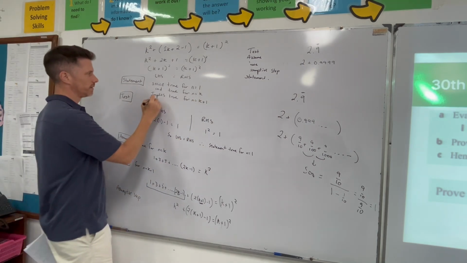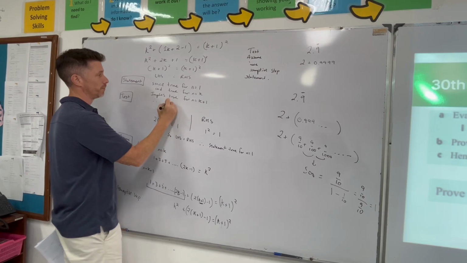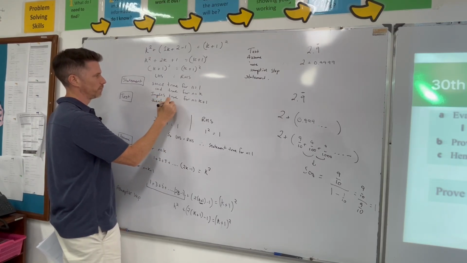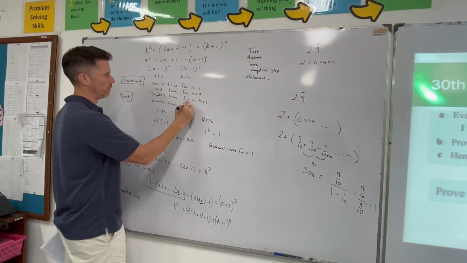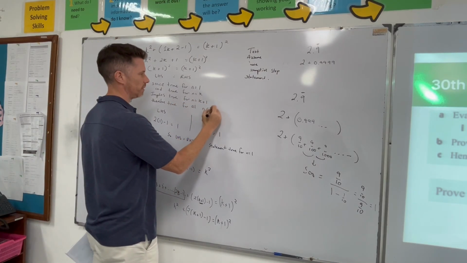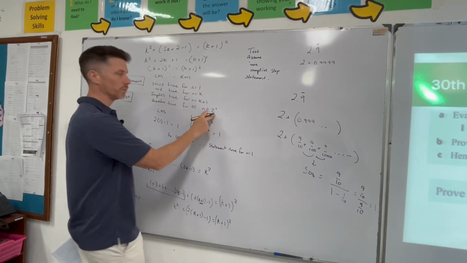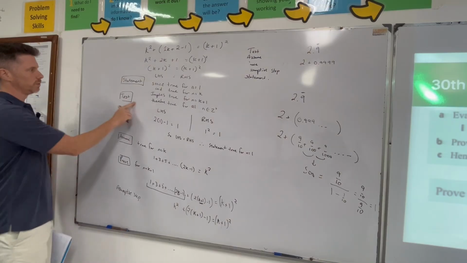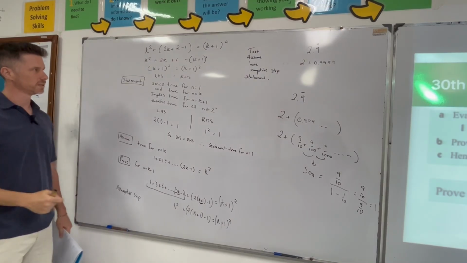So you'll write this. Therefore, true for all n. Well, this is specific to this example, but maybe it's not all positive integers in the one you get, but that is the statement. Now, why is this the statement that I use?